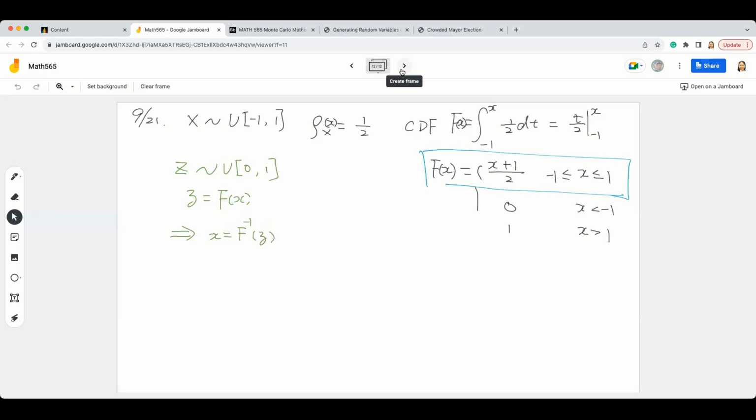Right? This is the inverse distribution function we try to use. So here, let's plug it inside. This tells us x is 2z minus 1. Very simple derivation, right? Nothing fancy here. So this tells us it will be 2z minus 1. So we get this is the inverse function.